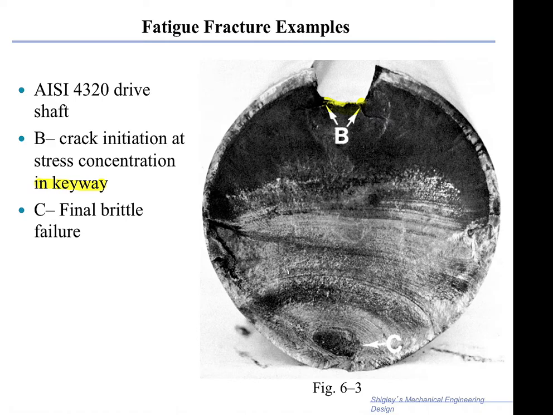And at C, you have the final failure at this location because the cross section has been reduced drastically from this point to this point. So this reduction is a result of the propagation of fatigue cracks in successive cycles.